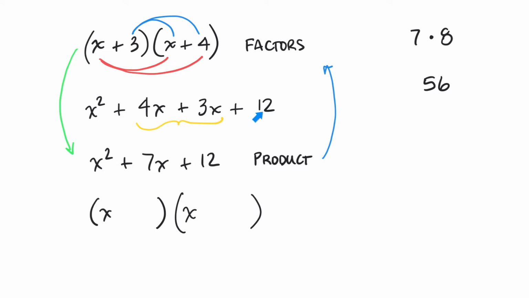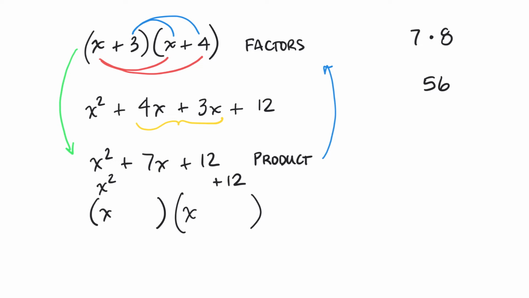And this last number is going to come from multiplying this and this. So to get our factors, we're going to put a little middle step inside here where we try to write out our x squared, and we're going to try to write the middle term, where the middle term came from, this 4x and this 3x. We're going to try to get that. So we know it's plus 12 here at the end.